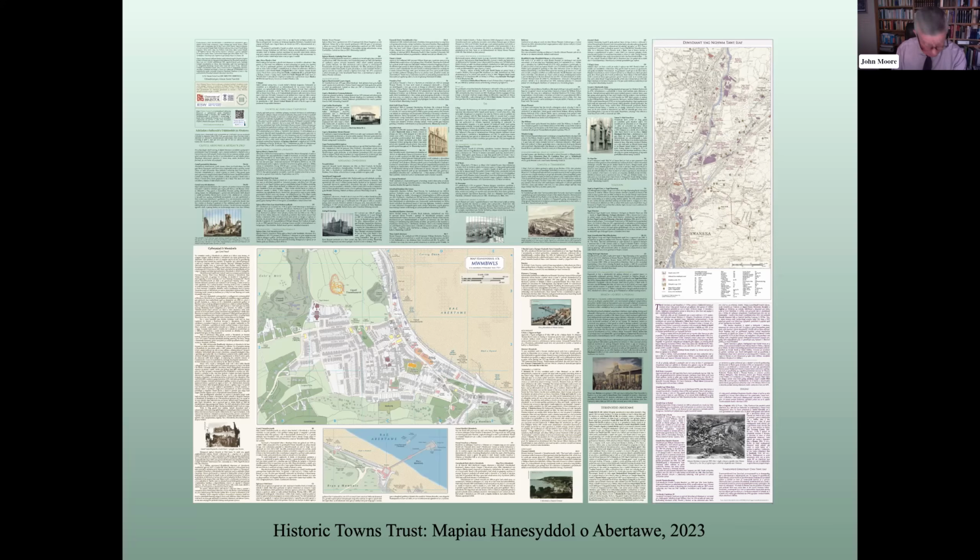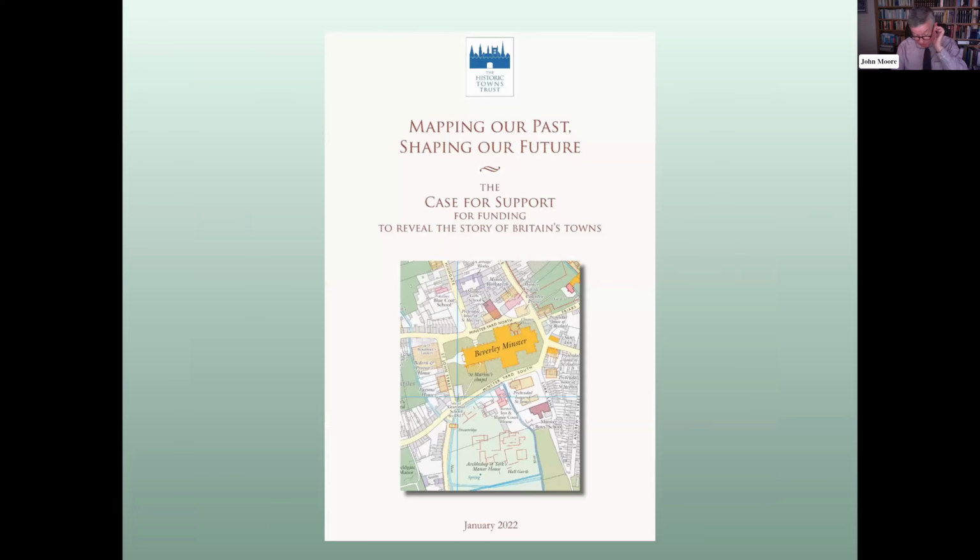It needs to be emphasised that the fundamental issue recognised in the Trust's case for support is the need for adequate funding. For an atlas to be produced, a local team of experts and enthusiasts has to be assembled and money raised to pay for publication. This is no mean feat in these times of financial constraint, given the cost of an atlas averaged somewhere in the region of £30,000 to produce.